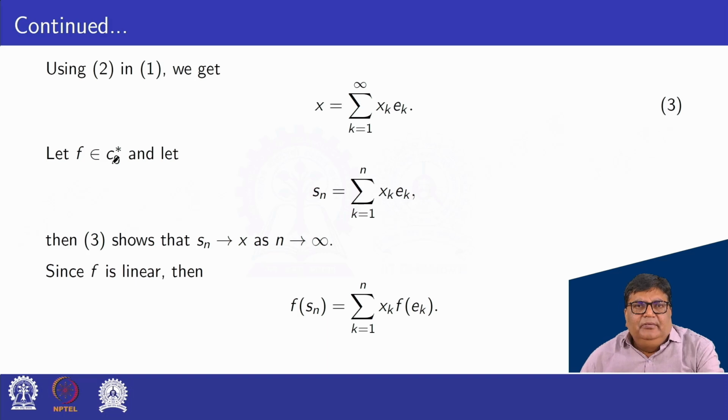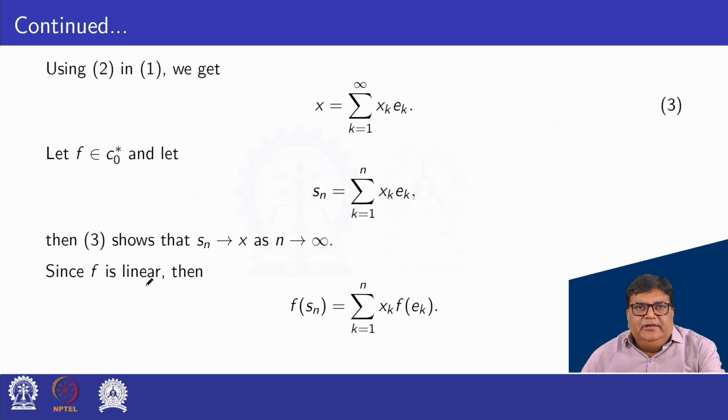Let f belong to C0 star and let Sn equal summation k equals 1 to n xk ek. Then equation 3 shows that Sn converges to x as n tends to infinity.